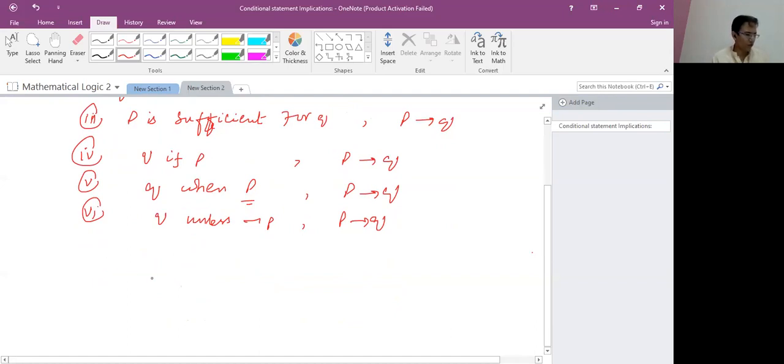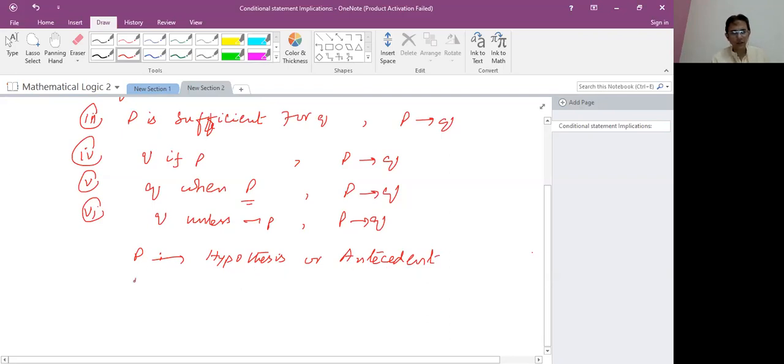So student, when we talk about the conditional statement, there are two basic terminologies we will use here. P, in the conditional statement, we call the hypothesis or antecedent.